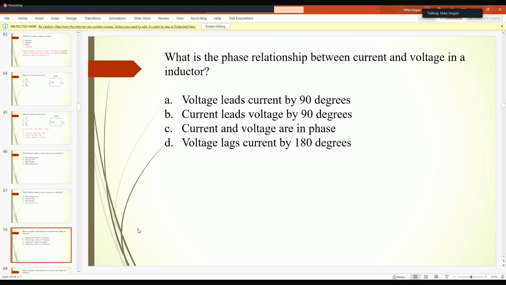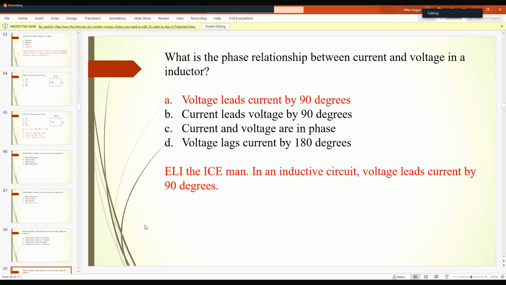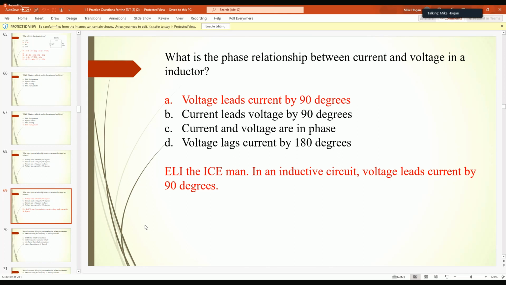The reason that happens is that, remember, an inductor is nothing but a coil. And whenever the voltage is first applied, that inductor opposes the change in current flow with its magnetic field, and it begins to build that magnetic field.